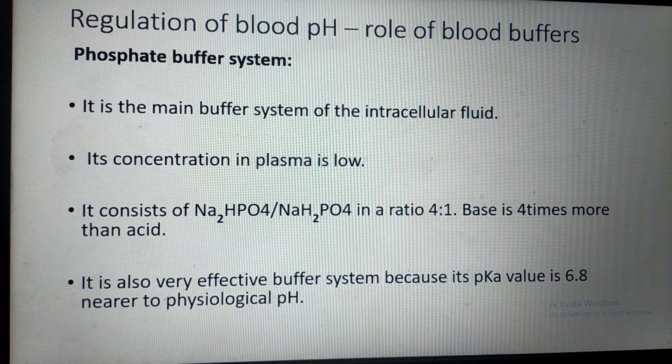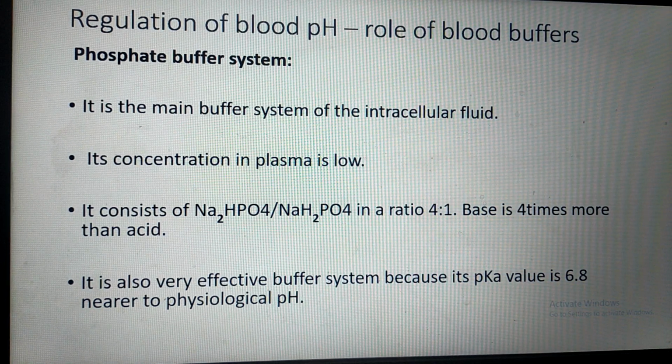And what is pK? As we have studied in the previous lecture, pK is nothing but the pH at which the buffer system is more effective. So pK is of two types, pKa and pKb. pKa means the pH in acidic range, and pKb means the pH in basic range, where the buffer system is more effective.